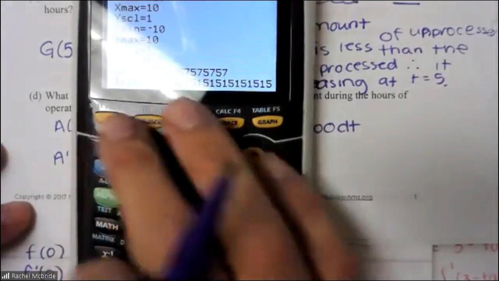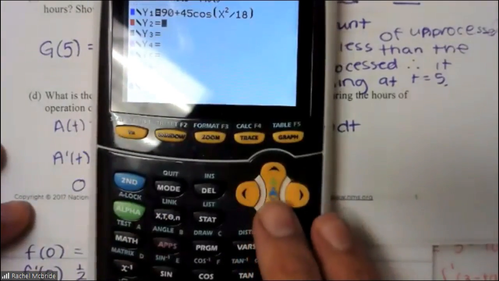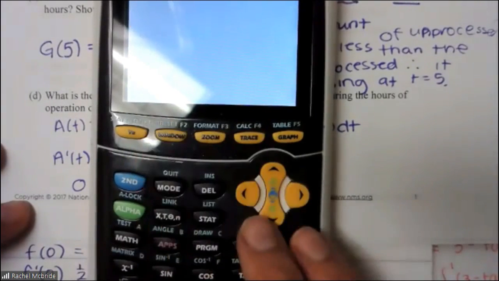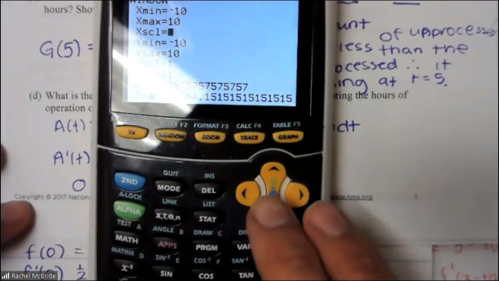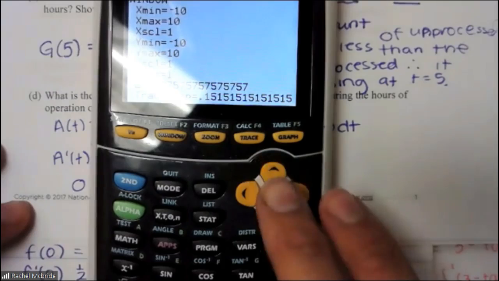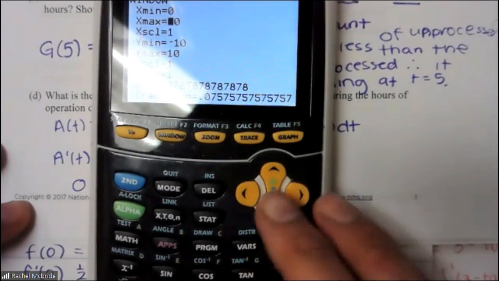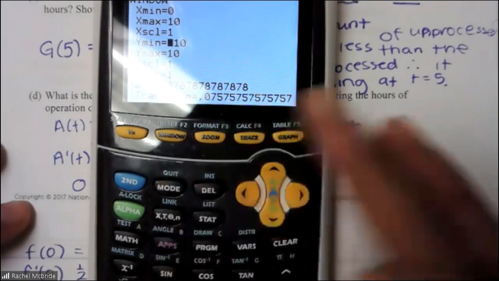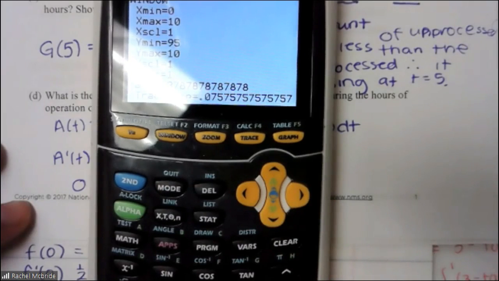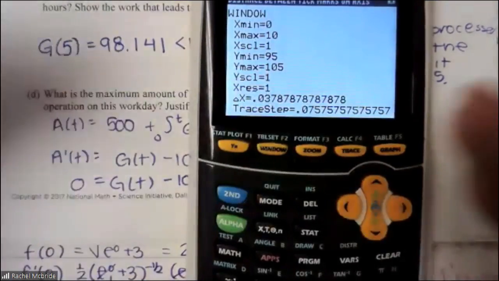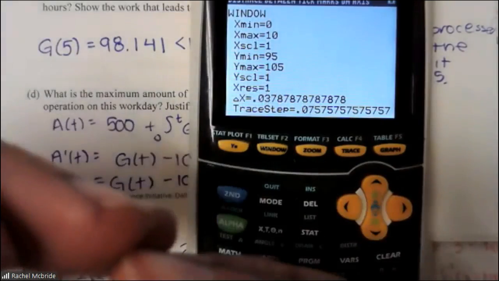So I'd go to my vars. I would type in 100 for y2. I would change my window so that my x's are going to be between 0 and 10 is fine. But again, we know the workday is 0 to 8. And my y's, well, I'm going to make my y min 95 and my y max 105 because all I care about is where they intersect at 100.